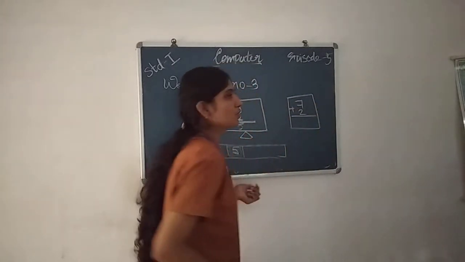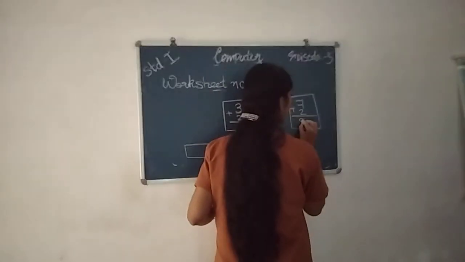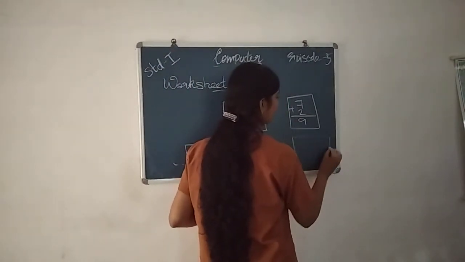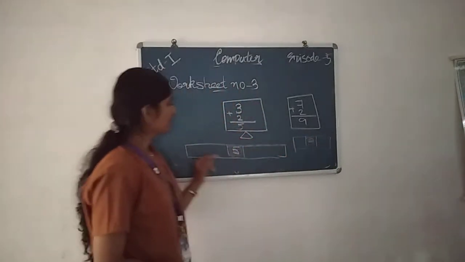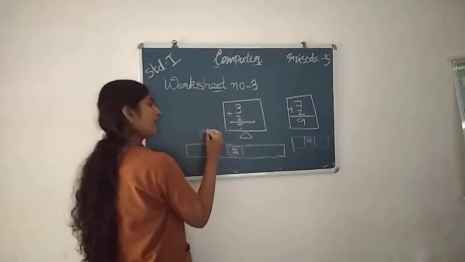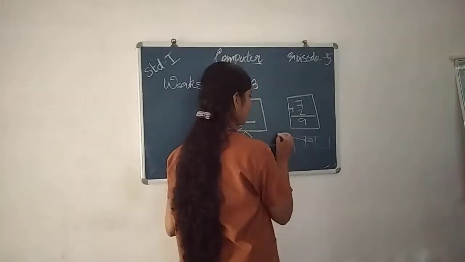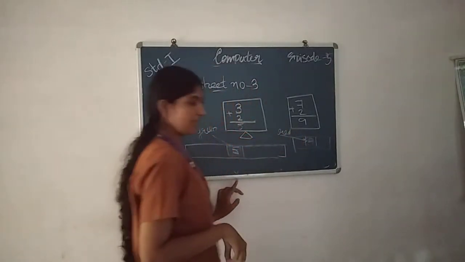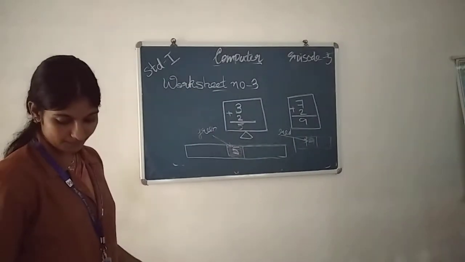What is 7 plus 2? 7, 8, 9. 7 plus 2, 9. And then color the number 9. Here we can color with the green. And then here we can color with the red. Then third question, 3 plus 9.